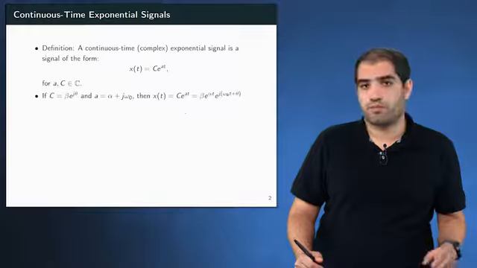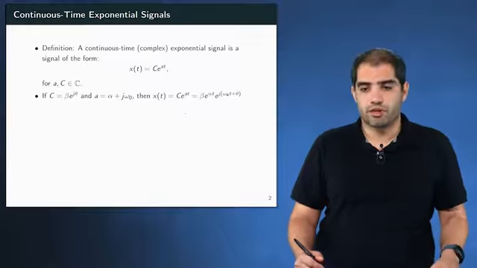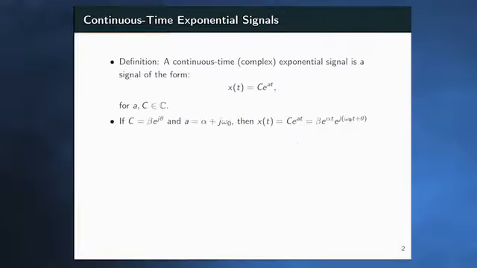Alpha is a real number. It can be negative, but it's a real number. And then we have a pure imaginary exponent, e to the j (omega naught t plus theta).